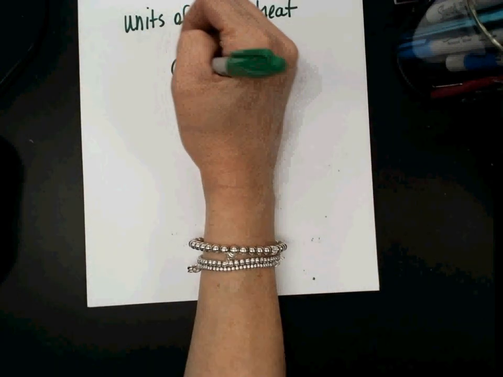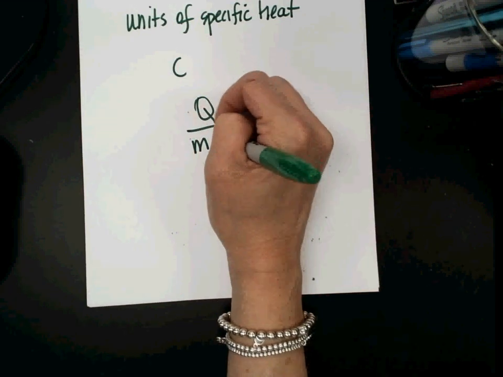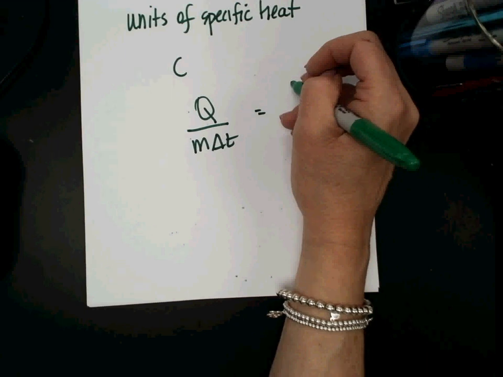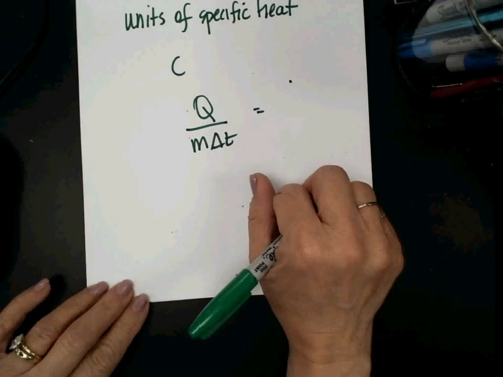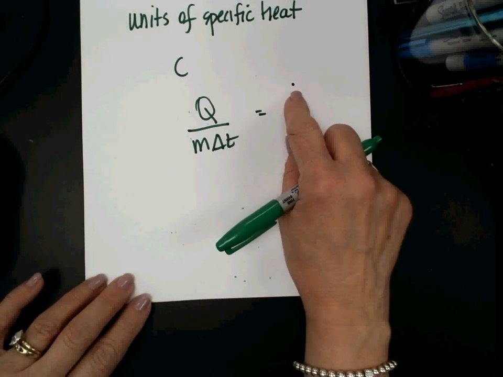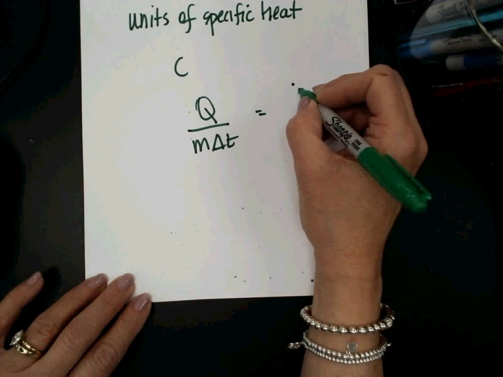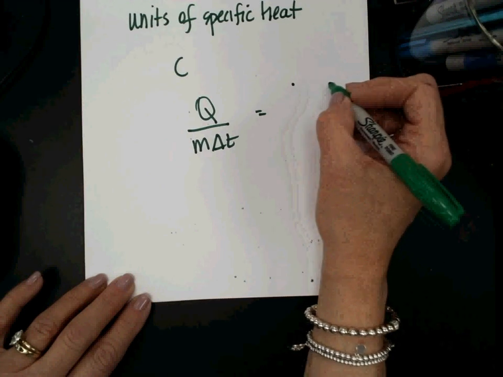Cole, you were the first one that popped up. What was your answer? Q over M times delta T. What are those units? Calories. Ah, good. You're a step ahead. If I break these down, what do they look like? What's Q? Marin? What are my units on Q? Drake, what are my units on Q?